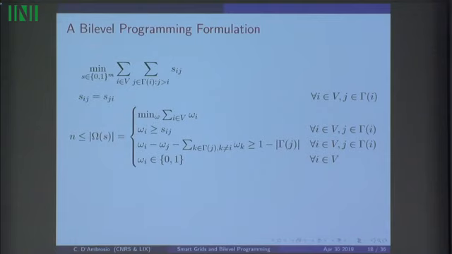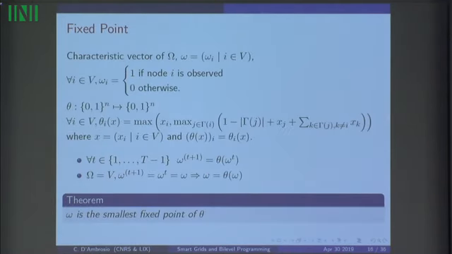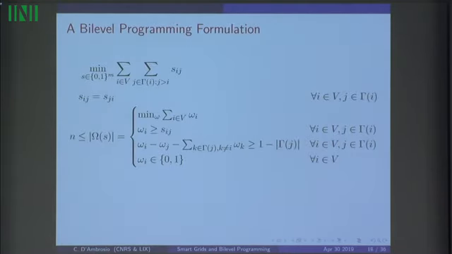This is the definition of a bilevel programming formulation. So bilevel means that there is an optimization problem inside the optimization problem. And the minimum value of this optimization problem has to be greater or equal than n. So the value of the fixed point of this function here has to be n. This will guarantee that the observed nodes include all the nodes of the grid.